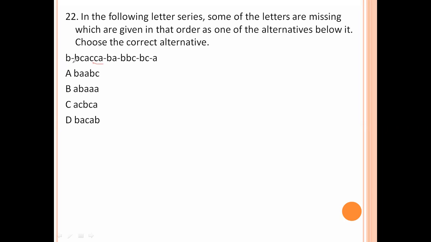Here we observe the pattern: B, C, A, C, C, A, B, A, B, B, C, B, C, A. Suppose we put the missing letters in place and continue the series. So option number A is the right answer.